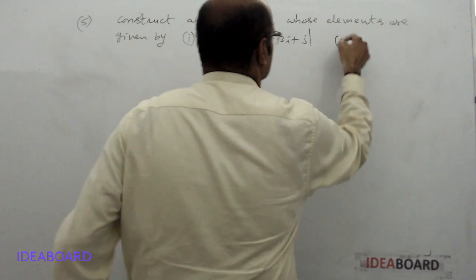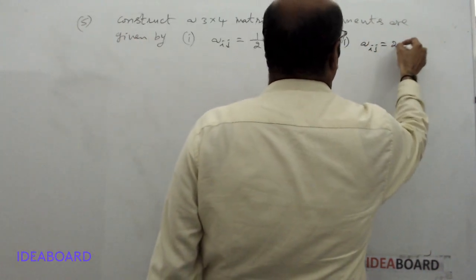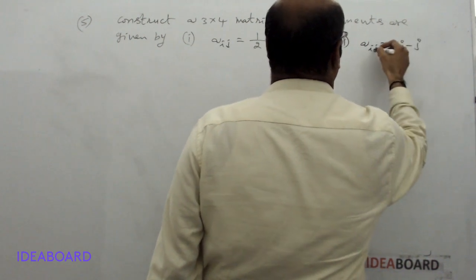Second problem is Aij equal to 2i minus j.